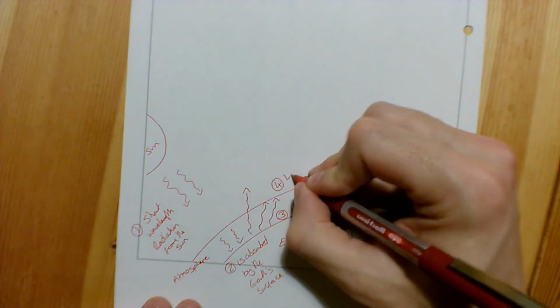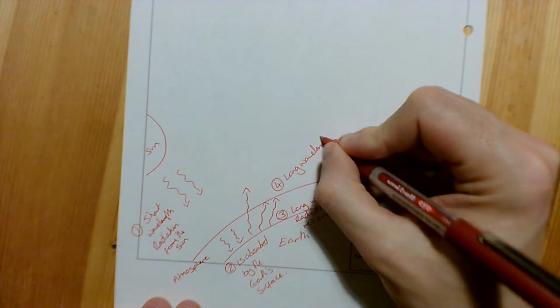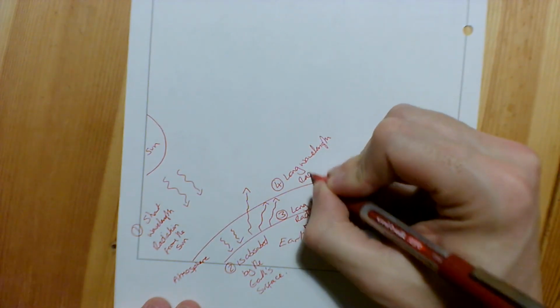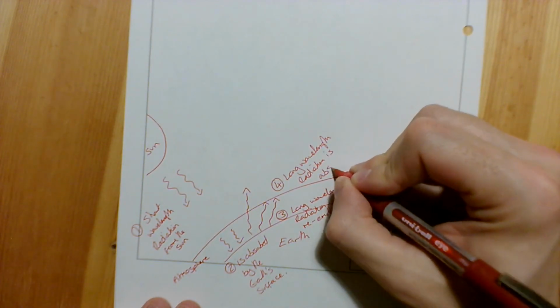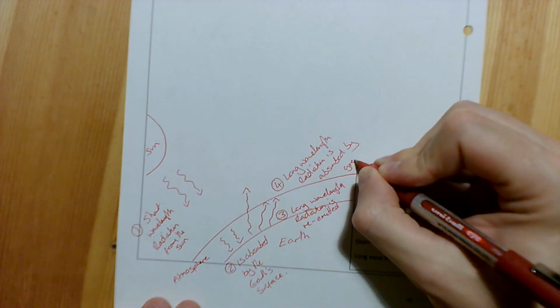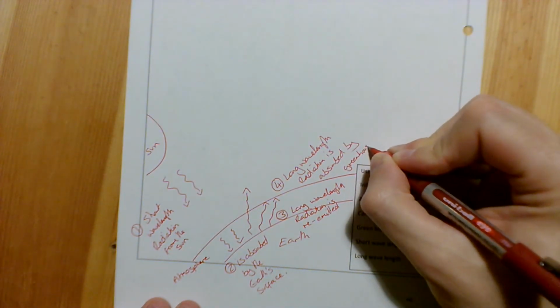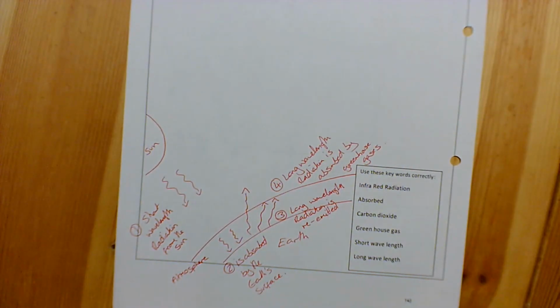Okay, so this long wavelength radiation is absorbed by greenhouse gases. So those are our four main steps.